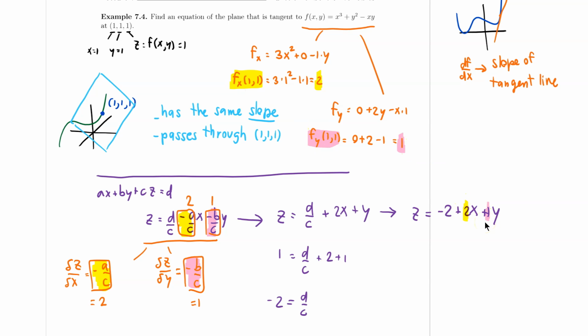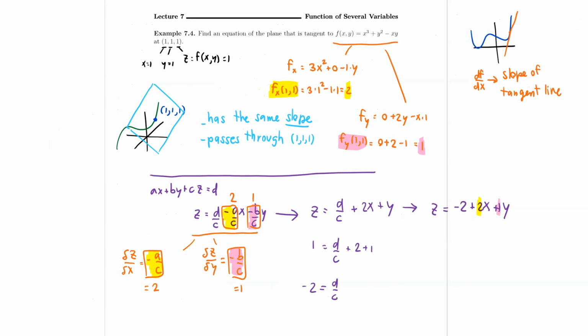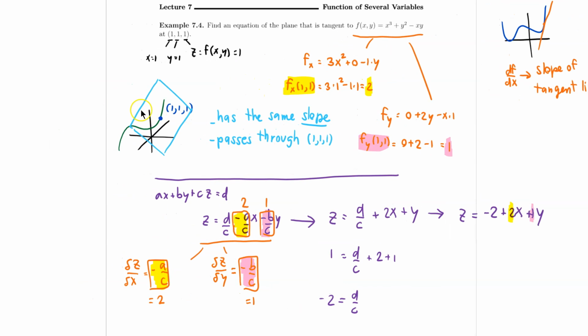So in general, let me write it somewhere. Let's say if I want to find the equation of the tangent plane at the point Q, the general form for this plane is going to be that my z is going to equal something plus something x plus something y.